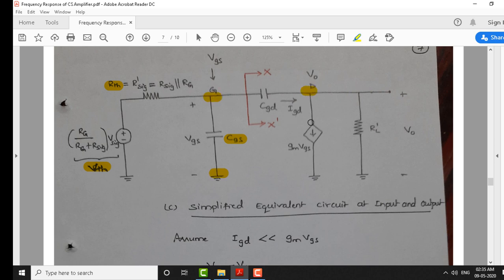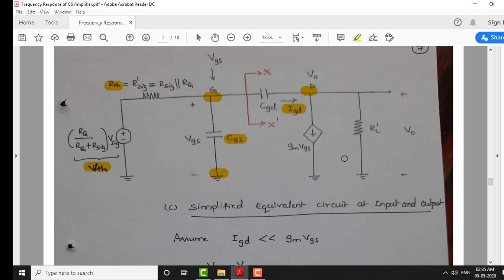The current flowing through this capacitance CGD is IGD, the gate to drain current. And there is a current source, as we have seen in the original circuit, and RL dash, which is the parallel combination of the three resistances R0, RD and RL.